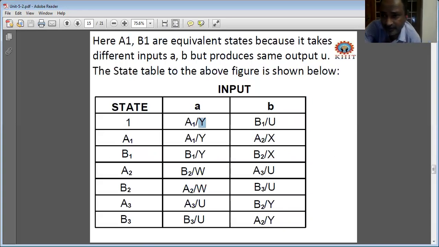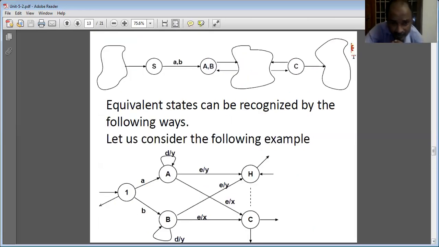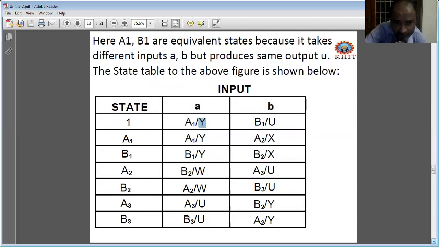A1 to A2 is X. Then A1 to A1 is Y, and A1 to A2 is X. Okay.